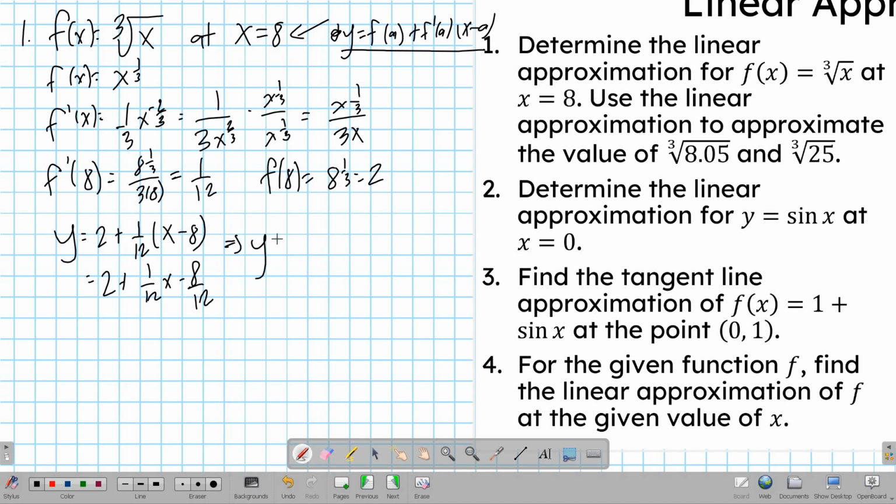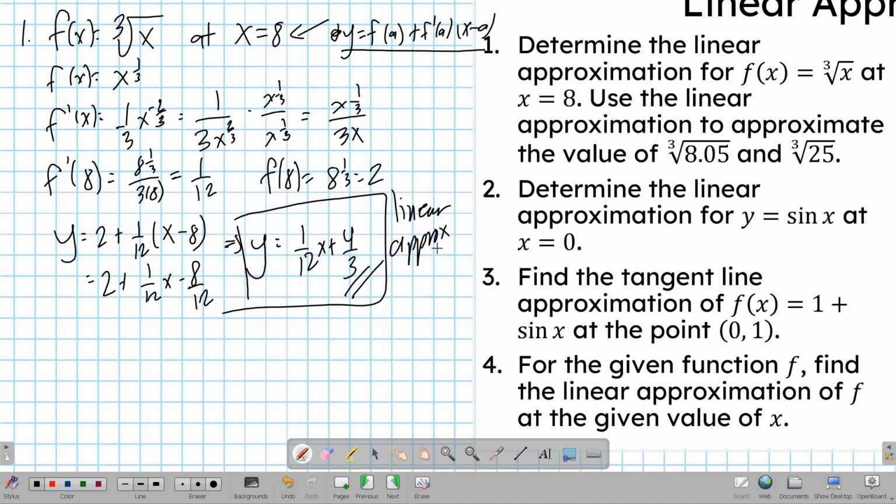Simplifying this, we have the function y is equal to 1 over 12 x plus 4/3. This equation is the tangent line approximation or the linear approximation of the original function, f of x is equal to cube root of x.